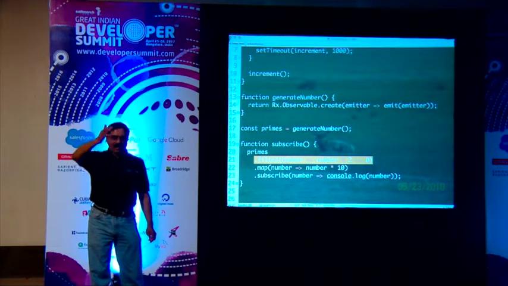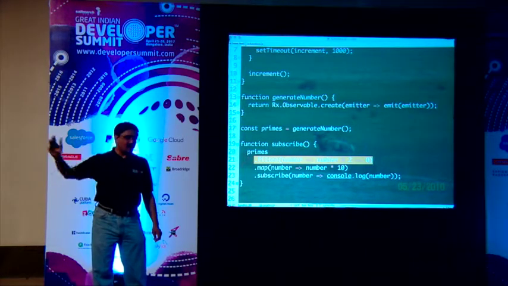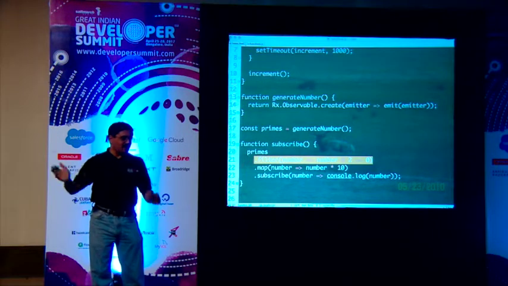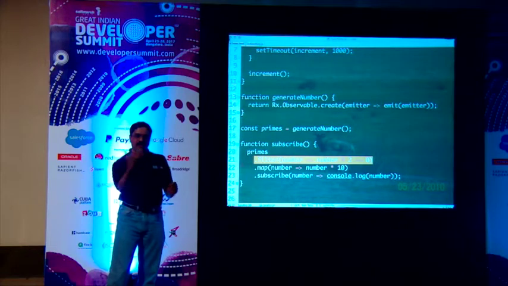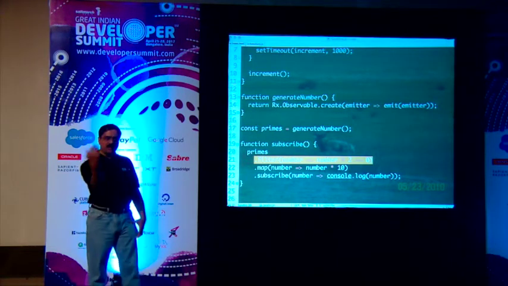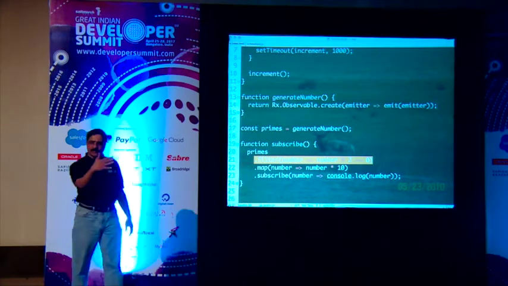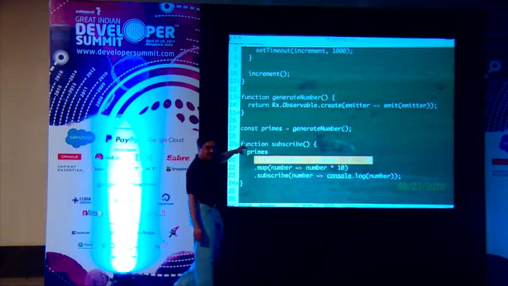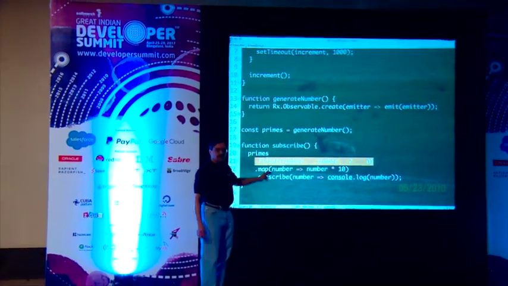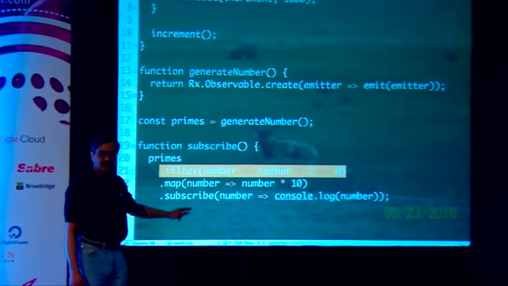Some trains may carry stuff. Other trains may carry people, right? But the thing is, it's the same track, but there are many things that keep going. So it's a stream of data that flows through. And so the observable emits the data, and the data can get transformed until it reaches a destination.